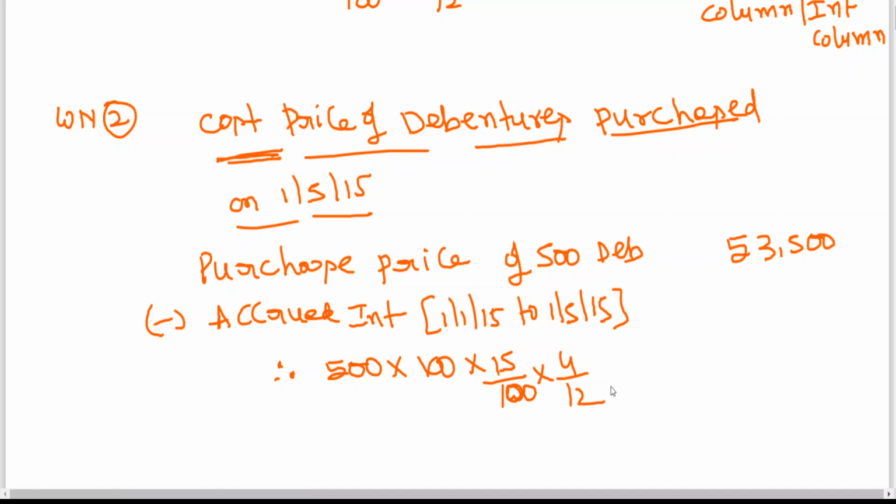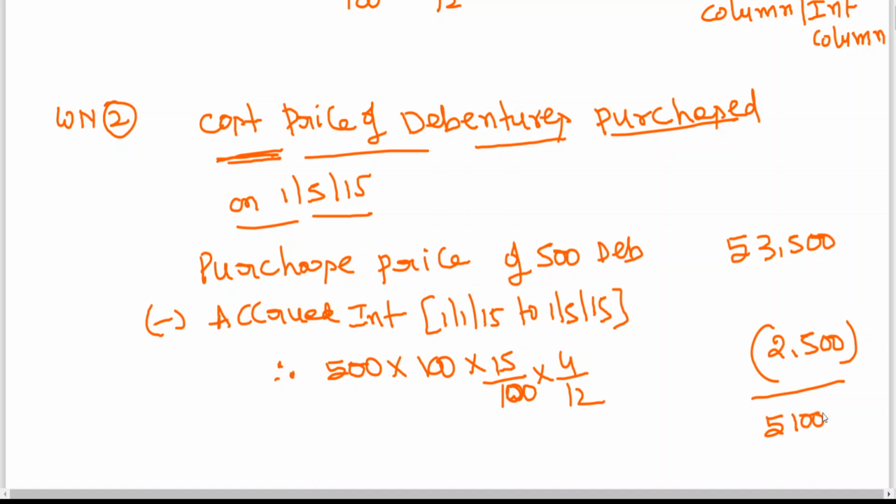So 500 into 100 into 15% into 4/12 is coming to 2,500. 2,500 is to be subtracted. Then you will be getting 51,000.